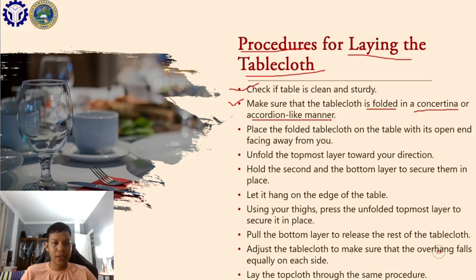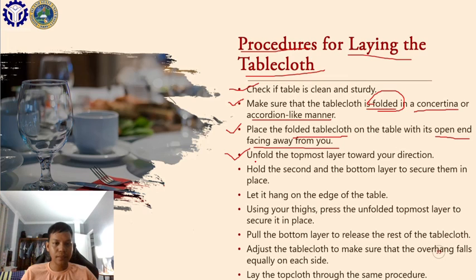We need to make sure that the tablecloth is folded, not just scrambled. The third one is we need to place the folded tablecloth on the table with its open end facing away from you. It may be confusing, but I will play a video demonstration on how to lay the tablecloth. So don't worry.